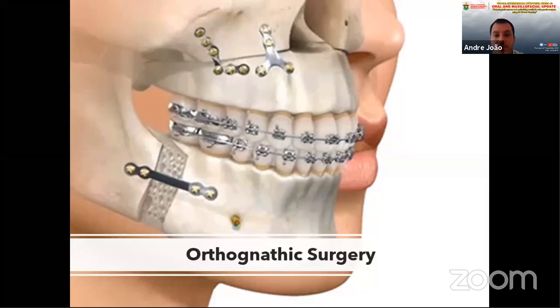So basically we create these cuts, and then we cause a fracture in these bones, and after that we can move them to any place that we desire. And yes, there are limitations on this movement, but basically we can correct bones that are not in place, or at least are not in a good place, with this type of procedure.